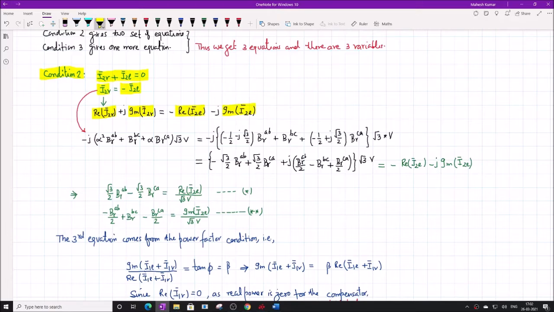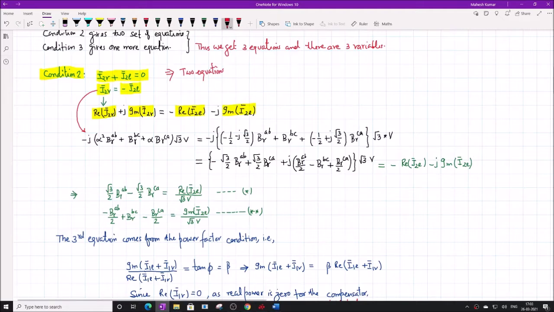If we compare the real parts and imaginary parts on both sides, we get two conditions, and therefore two equations. So condition 2 gives two equations and condition 3 gives one, so we have three equations in net.